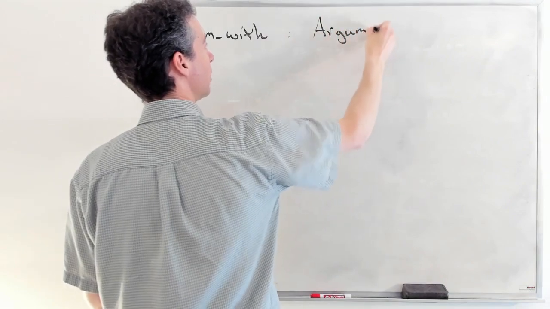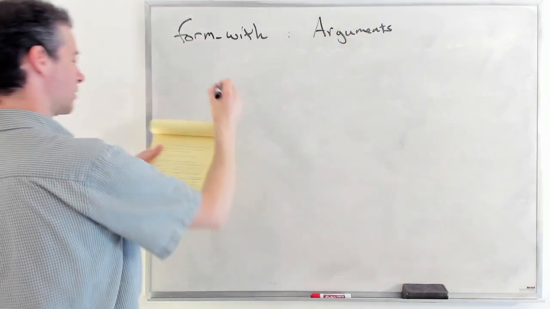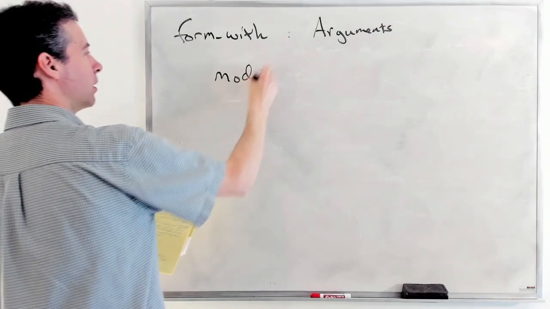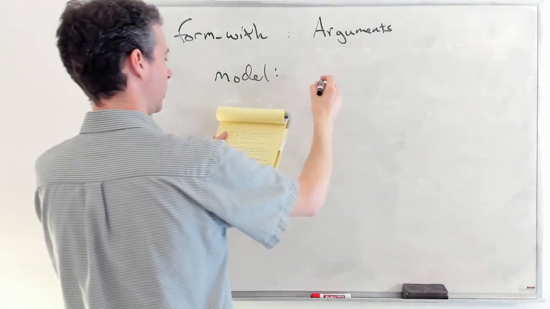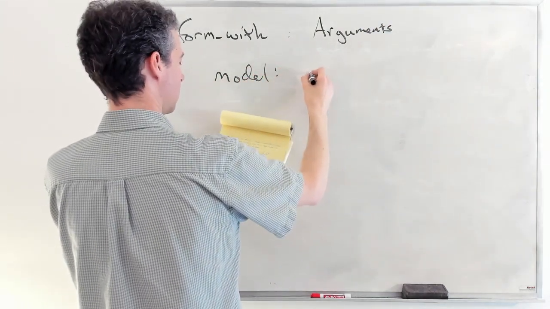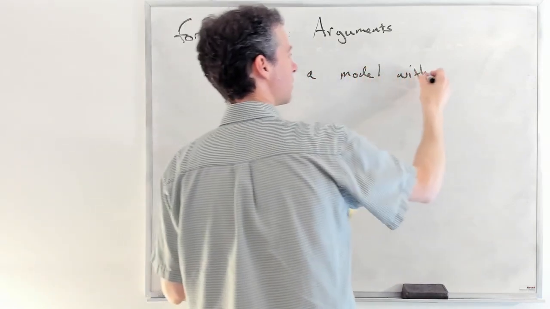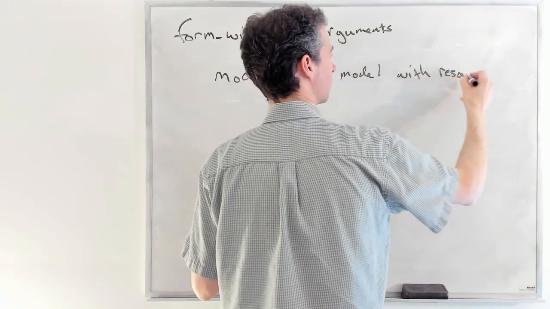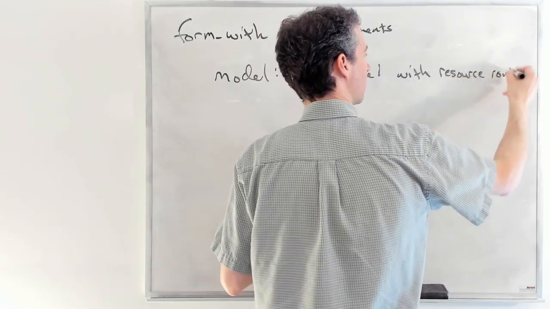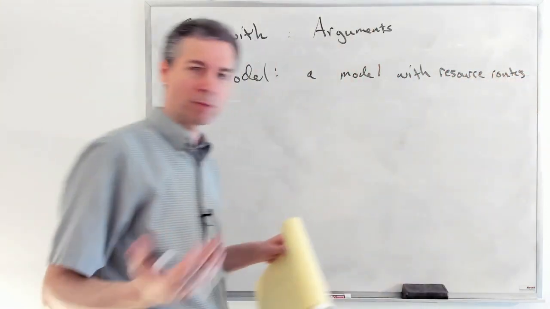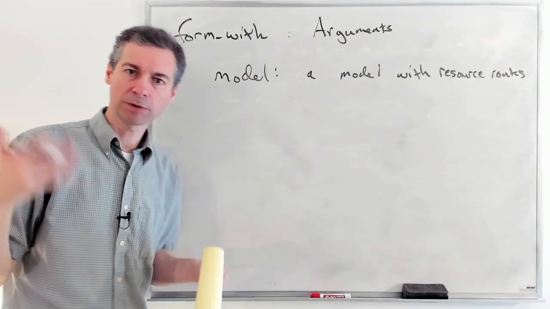key ones for us. Arguments: you could provide it a model, and this is a model that's been set up with resource routes. You really wouldn't set it up with a model that didn't have all the proper resource routes.